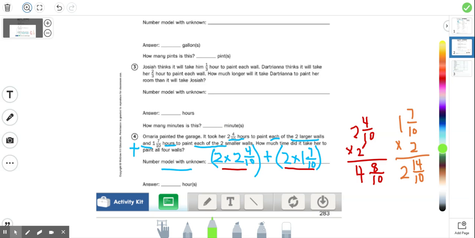So 14/10 equals 1 and 4/10. And then I need to bring that up and add that to the 2. So if I add that to the 2, I get 3 and 4/10. So 3 and 4/10.